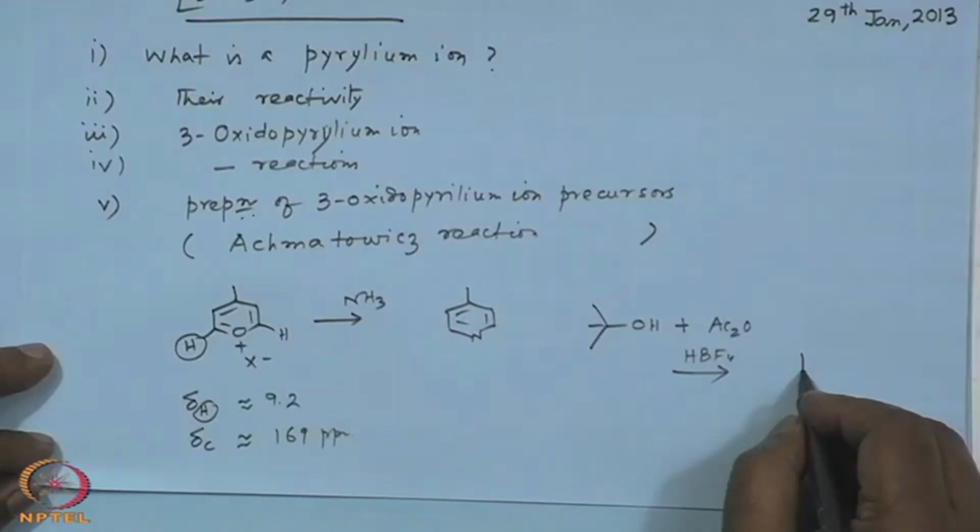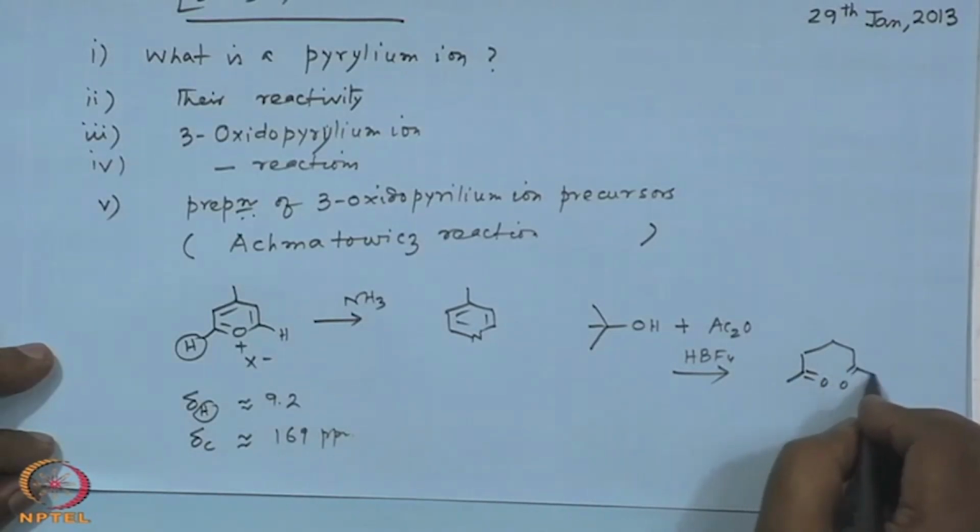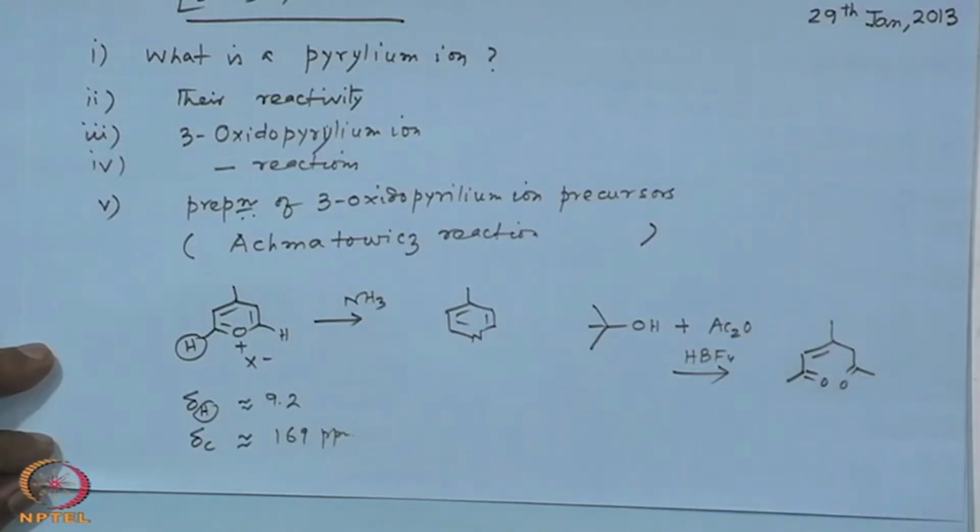So, you produce isobutylene, and then acetic anhydride is an electrophile, giving the acetyl cation. The acetyl cation will react, with 2 equivalents of these. Eventually we will get a pentadiene kind of compound.